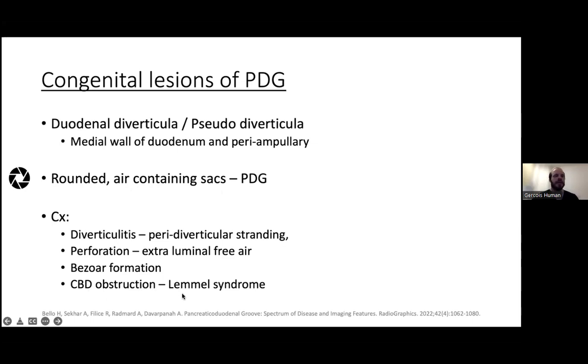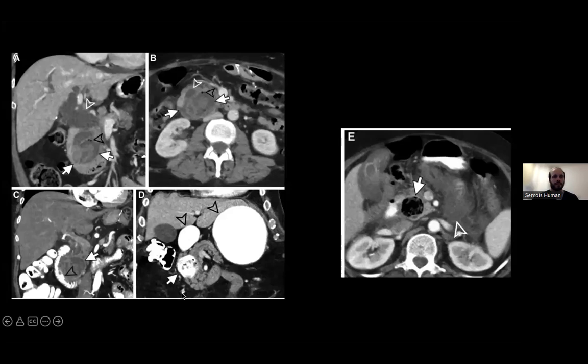Lemmel syndrome. So this is some imaging on the left, A, B, and C, in a patient with Lemmel syndrome. This ovoid heterogeneously enhancing periampullary mass in the pancreaticoduodenal groove obstructed the CBD, as indicated by this white arrow.